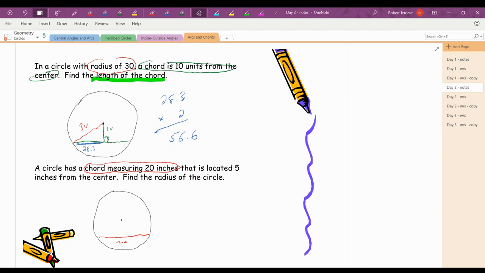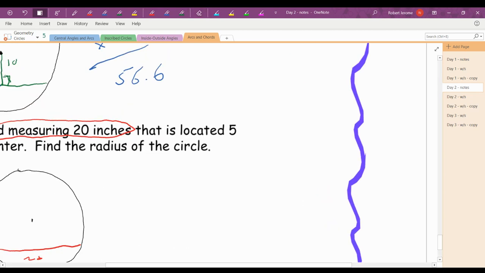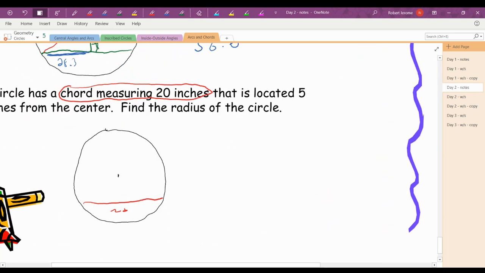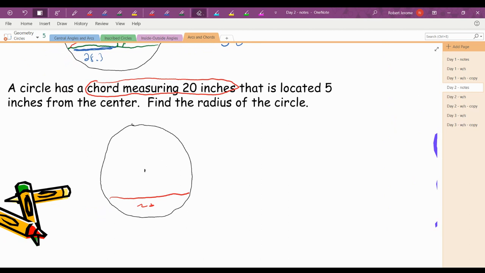And I'm gonna blow this up and try to be a little bit neater there for you. So a chord is 20. That chord, 5 from the center. So from the center to the chord is 5, and we always make that perpendicular.